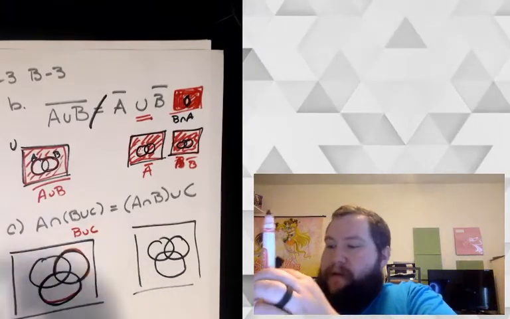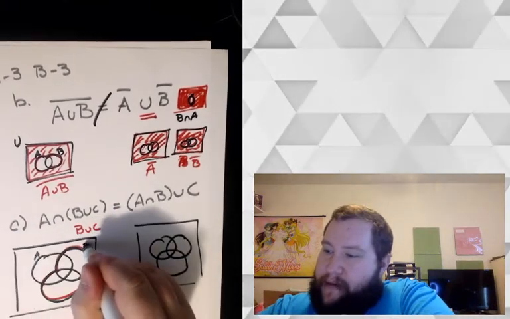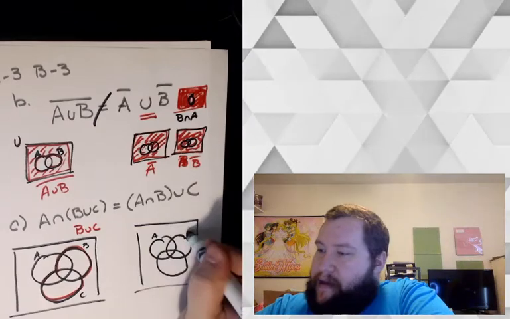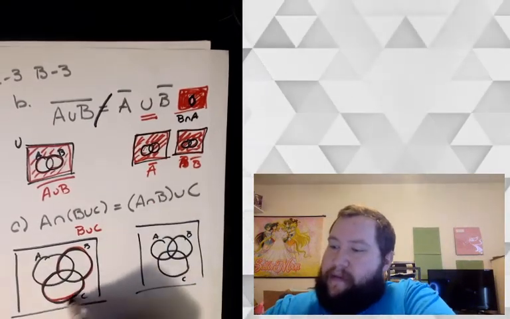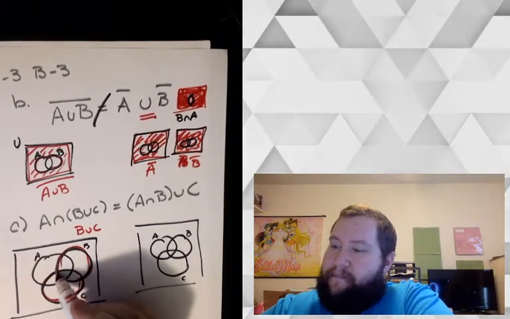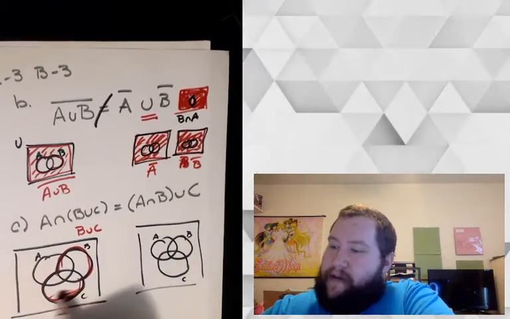Let me at least label one of these. So we have A, B, C. I'll label both. A, B, C. B or C is this piece. I can shade that in.